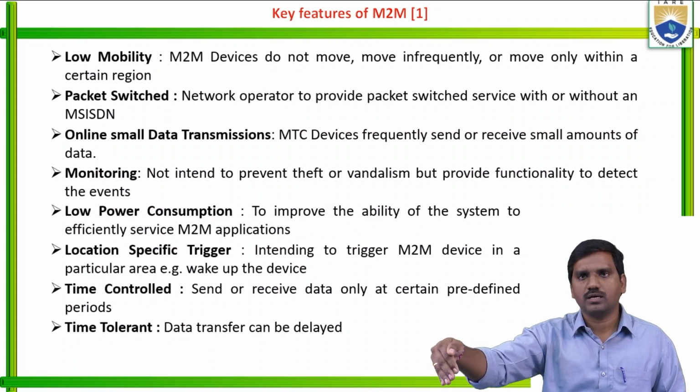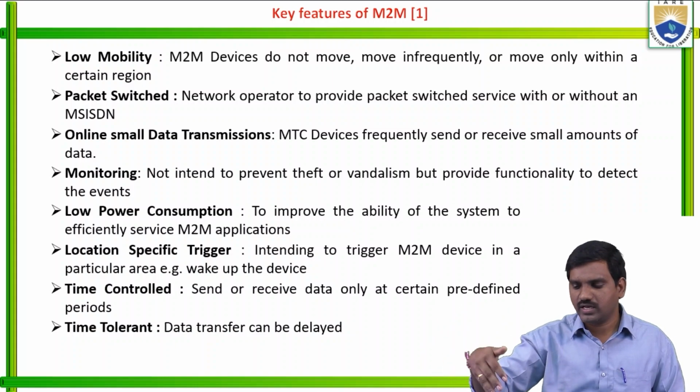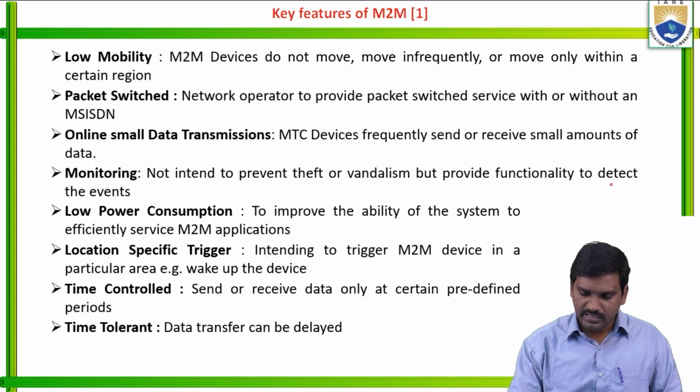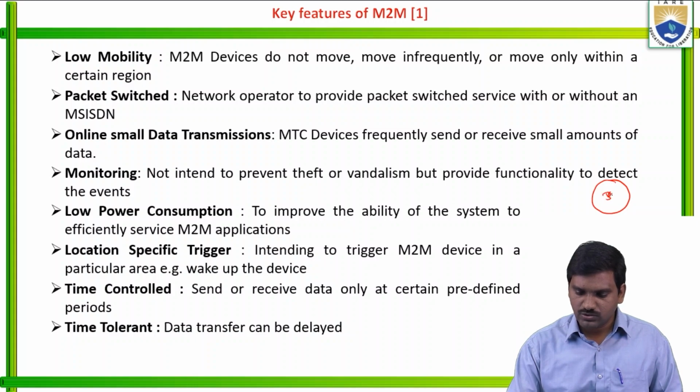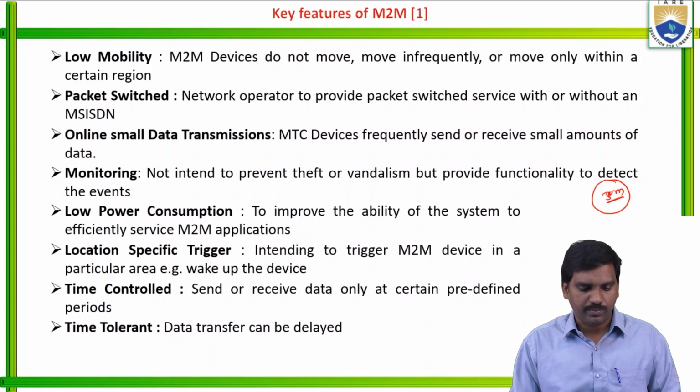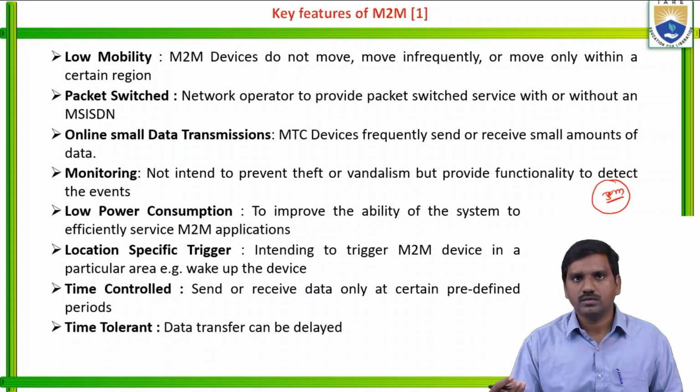Within that only the devices move, or the communication goes on. For example, within a 500 meter region I will define the place, and within that 500 meters they can operate as per our requirement. So that is the low mobility application.